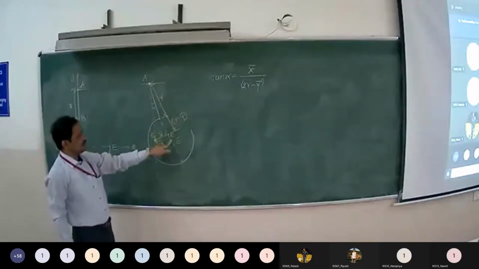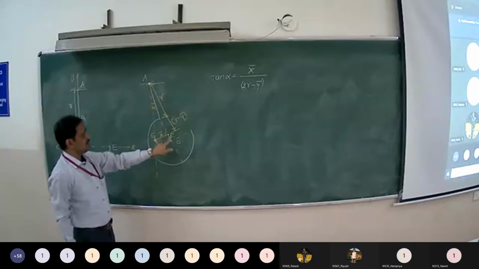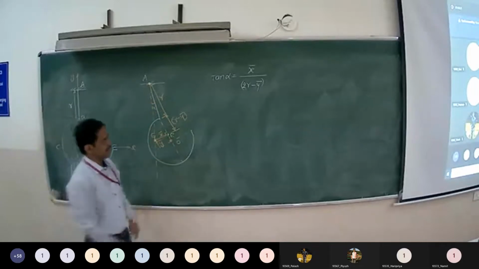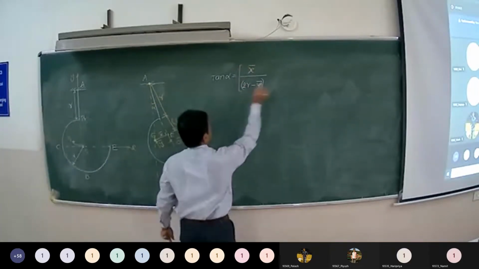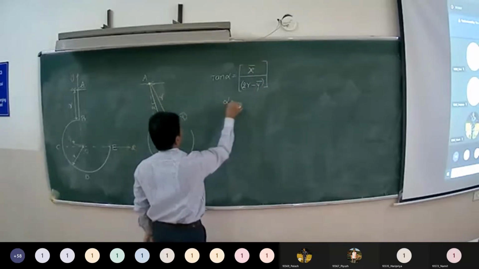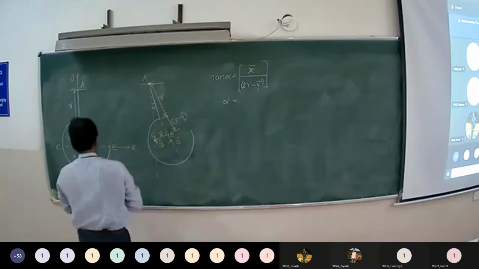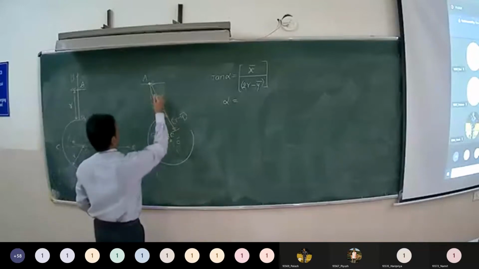Right? This total up to point O is 2R minus y bar. From this we can calculate alpha, and with respect to horizontal you have to find out.